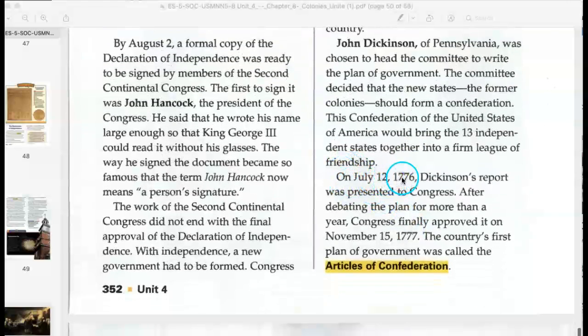On July 12, 1776, Dickinson's report was presented to Congress. After debating the plan for more than a year, Congress finally approved it on November 15, 1777. The country's first plan of government was called the Articles of Confederation.